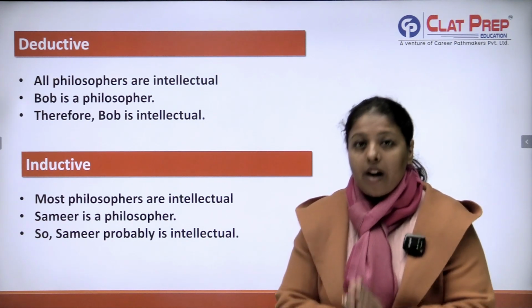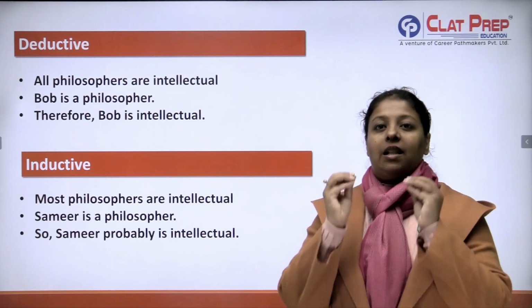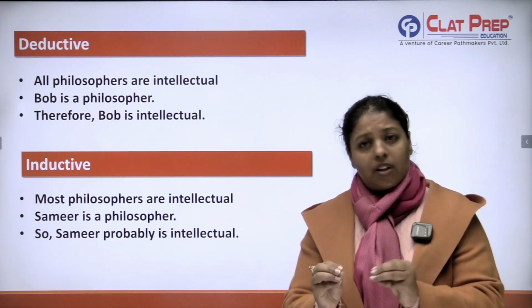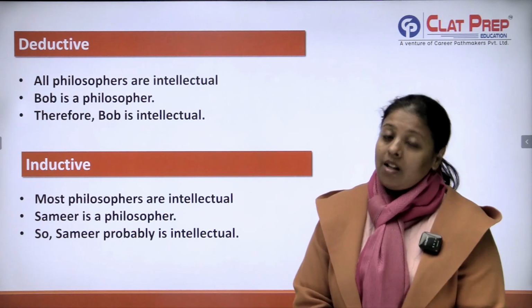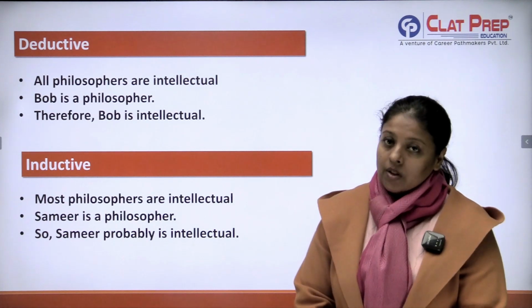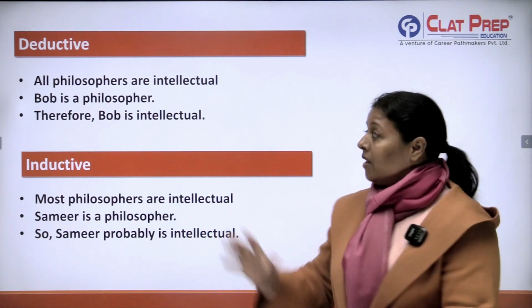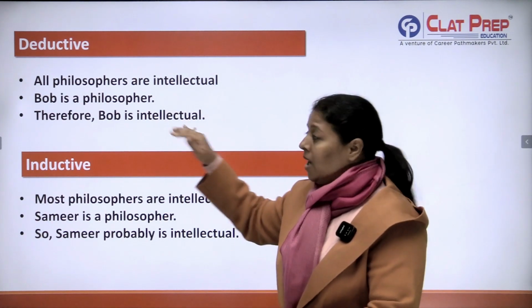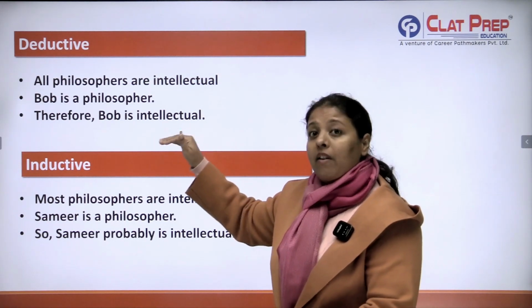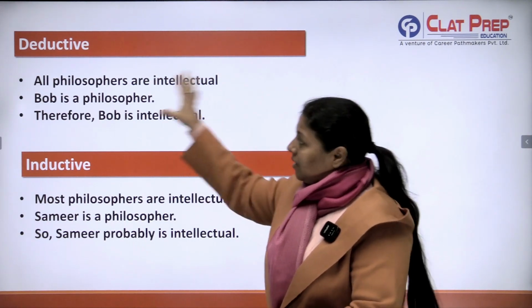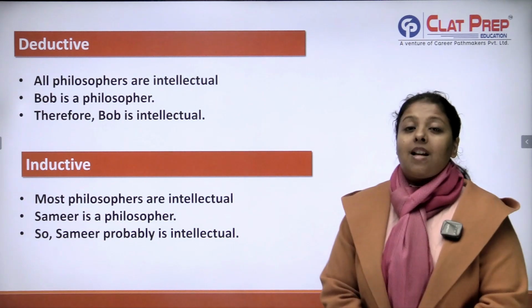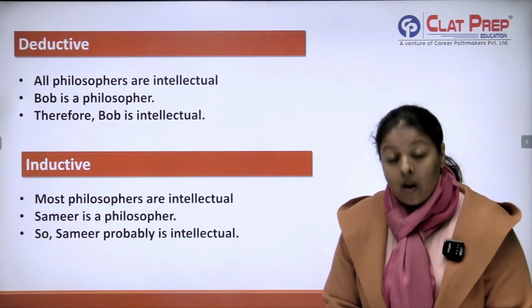So can I with 100% certainty conclude that Bob is intellectual? Yes, I can conclude. Because this premise is helping me give a conclusion with 100% certainty, this type of reasoning is known as deductive reasoning.